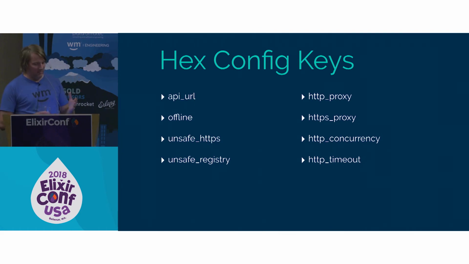By and large, you'll never actually have to look at these. Most of these are for if you've set up your own mirror or your own private way of hosting Hex packages. But I would say the last 2 are worth knowing. HTTP concurrency and HTTP timeout have gotten people out of a jam before.